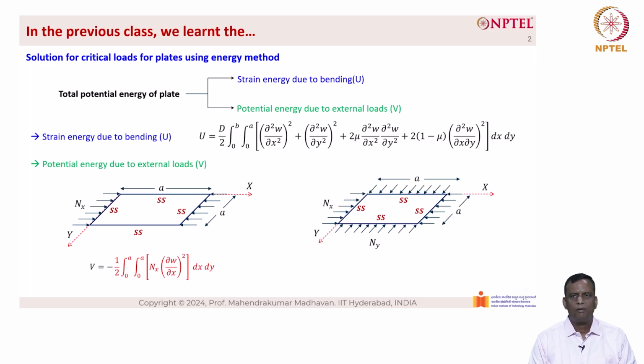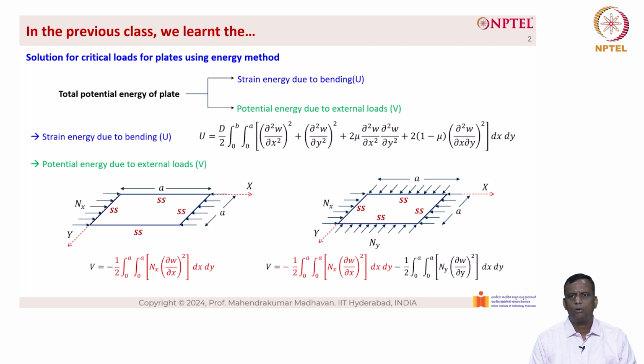Now, when we have a plate that is subjected to biaxial compression, we have V equal to minus 1 half integral 0 to a of Nx (∂w/∂x)² dx dy minus 1 half integral 0 to a of Ny (∂w/∂y)² dx dy.